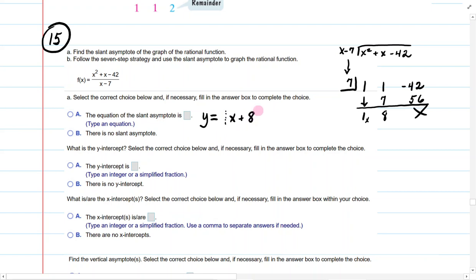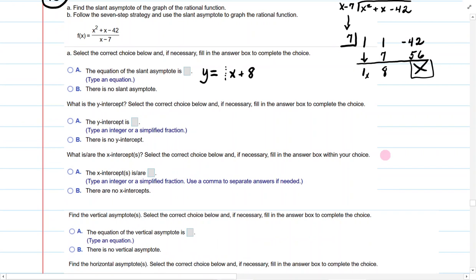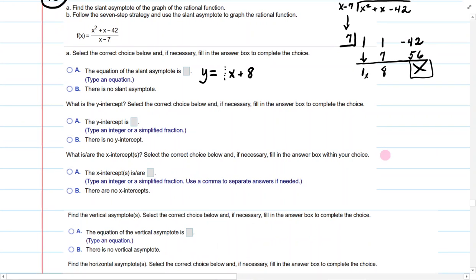It is a line, y equals x plus 8. You throw the remainder away. Why you throw it away is a concept of calculus when you're talking about limits. We're not going into it. We're just going to say we're going to throw it away. Moving on. So that was your slant asymptote.